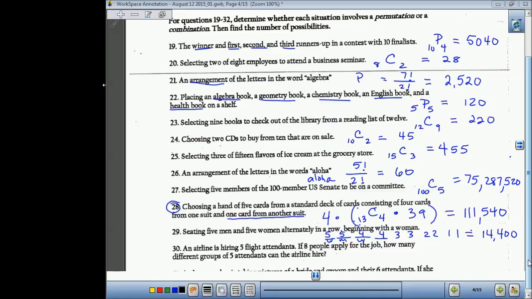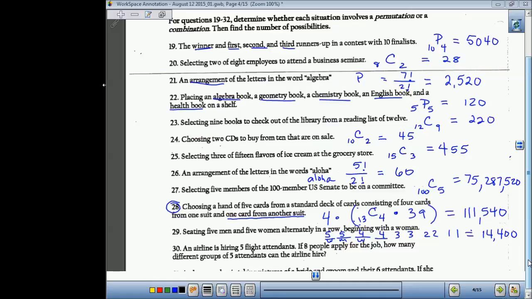One more time. This 13, the combinations of 13 choose 4, that's how many different ways I can pull 4 cards from one suit. And I'm doing 1 card from another suit. So by the counting principle, how many cards are left? 39.